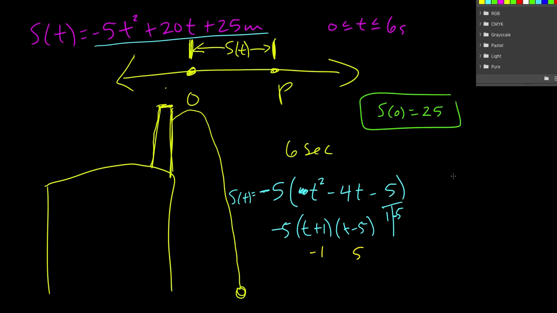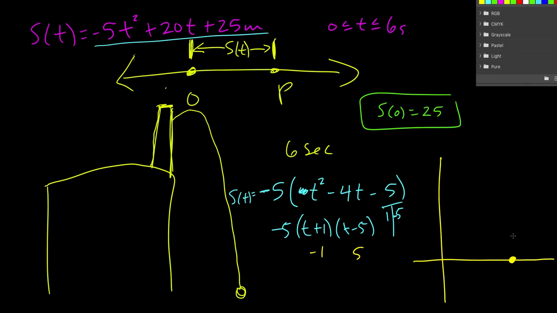Okay, so we know initially we start at 25. Okay, and then we have a curve, goes like this, and then let me draw that a little bit different. Okay, so we have this and this.